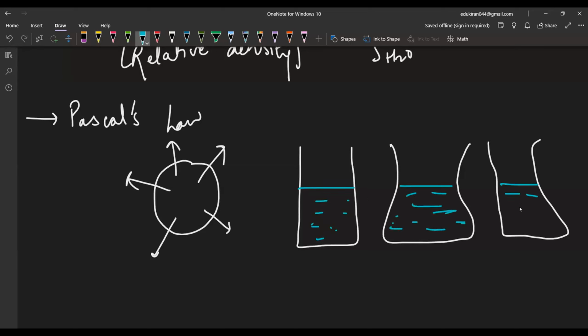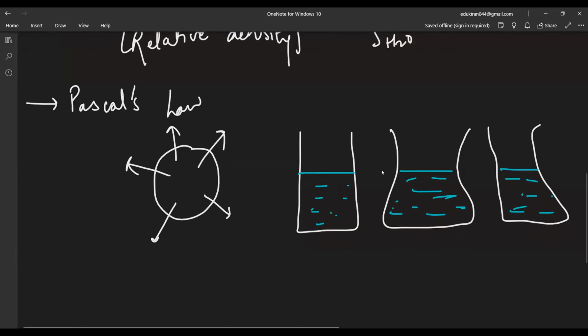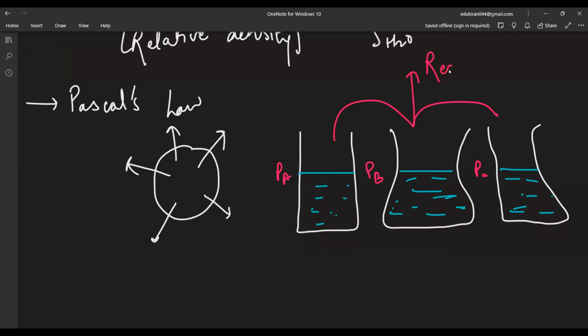All these have been filled up to this level. So Pascal's law says the fact that all these pressures PA, PB, PC will be equal if the fluid in them is at rest. This is the Pascal's law, which you have to remember. It's a very, very, very important law.